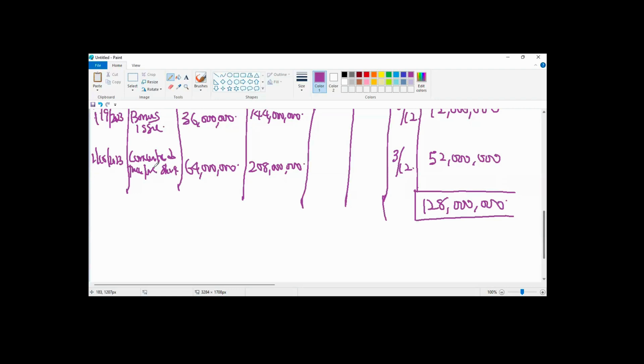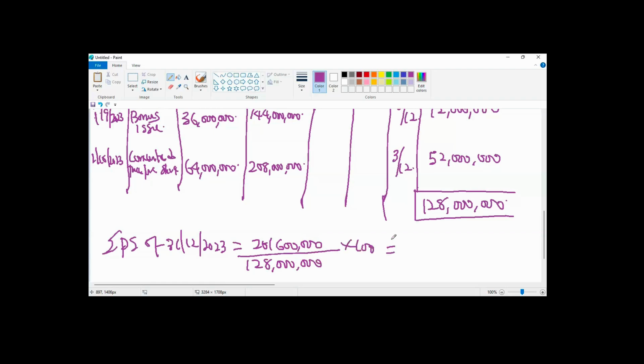The earnings per share of 31st December 2022: 201,600 divided by 128 times 100. This is it.